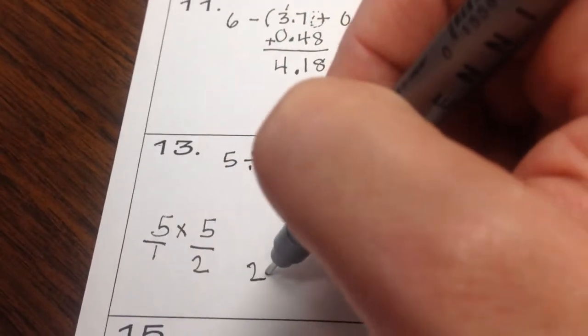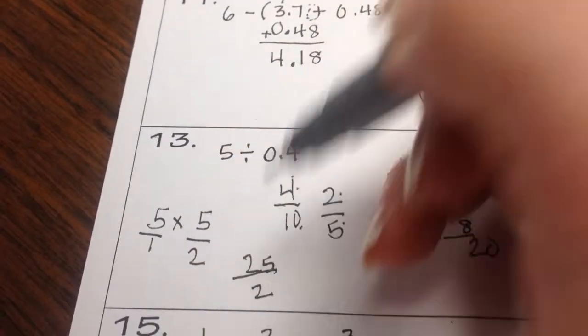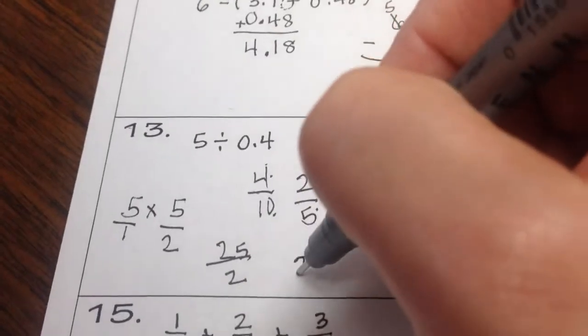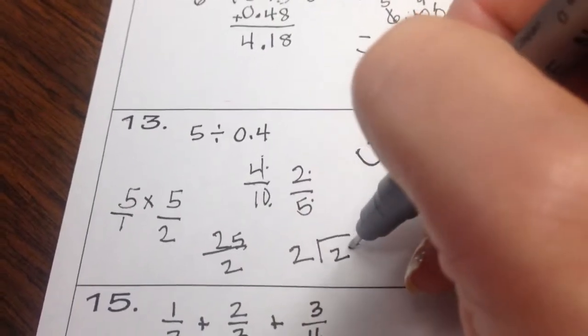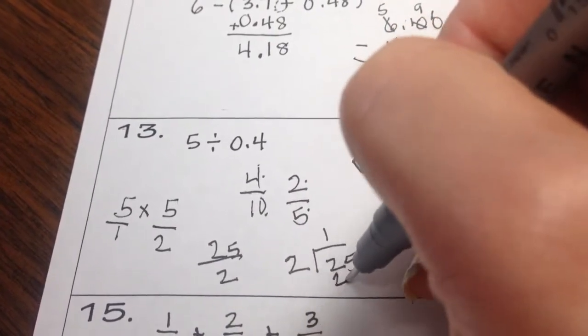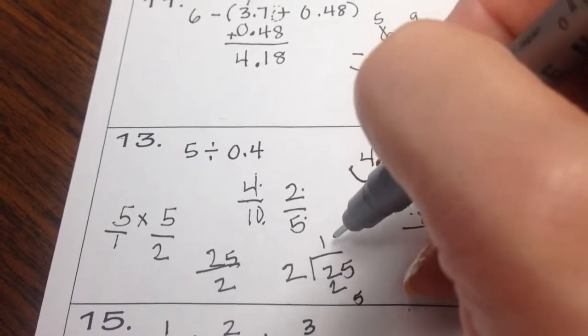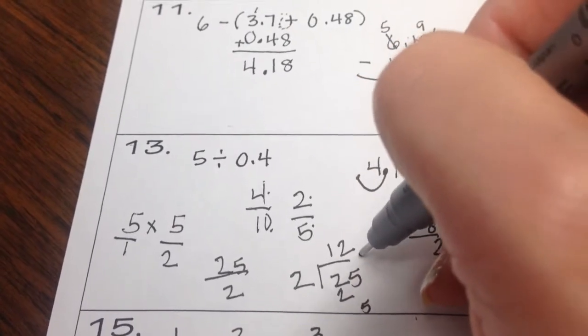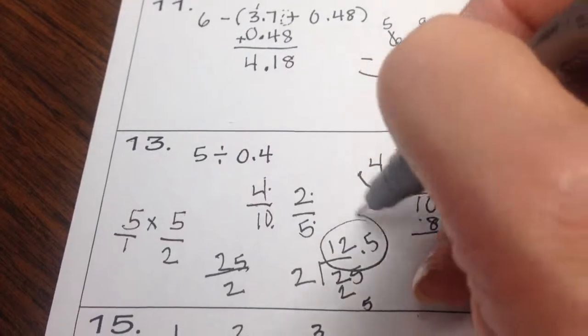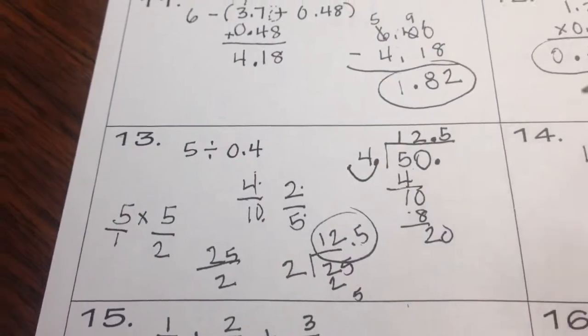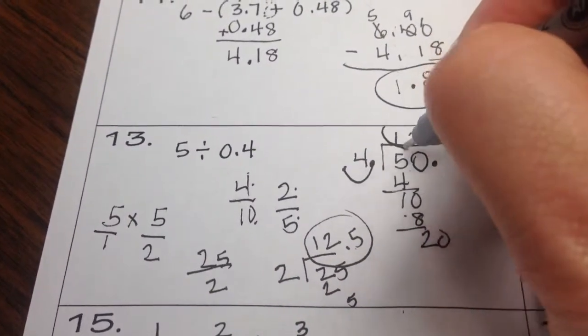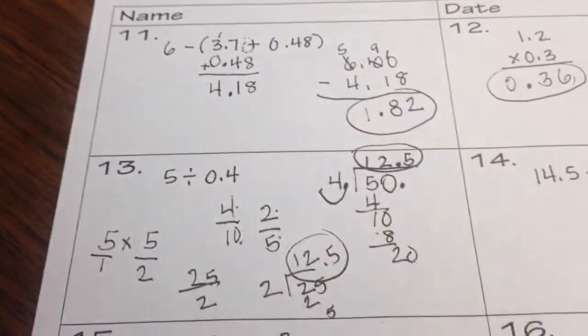And I'm going to get 25 over 2. And I'm going to divide 2 into 25. It goes in there 12 and a half. And guess what? It's going to be the same answer. So you can do it either way, and you're going to get the same answer.